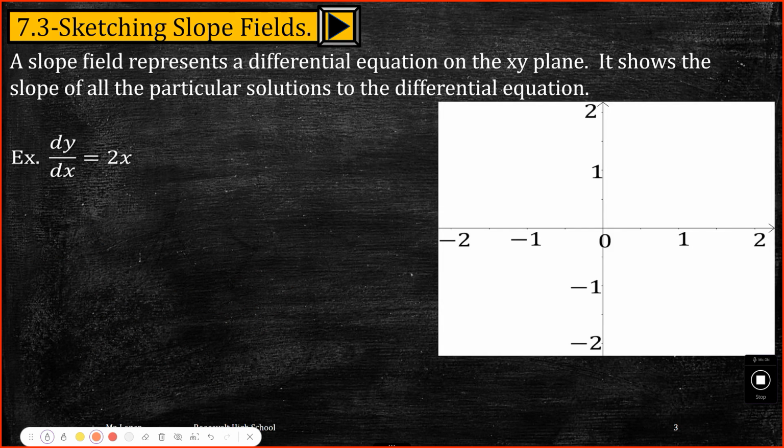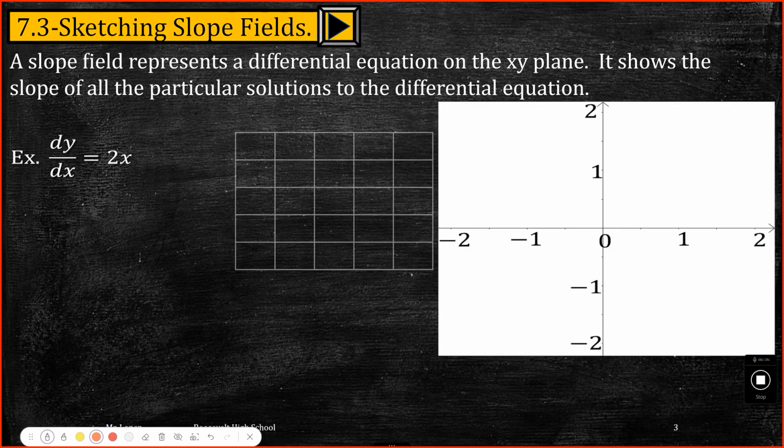So here, dy/dx equals 2x. What are the graphs of them? Of the slopes, of the derivatives, no? Well, dy/dx is already a derivative. It's a slope field. You don't necessarily have to be doing this table that I'm having right here, this little weird thing, but it helps in graphing.